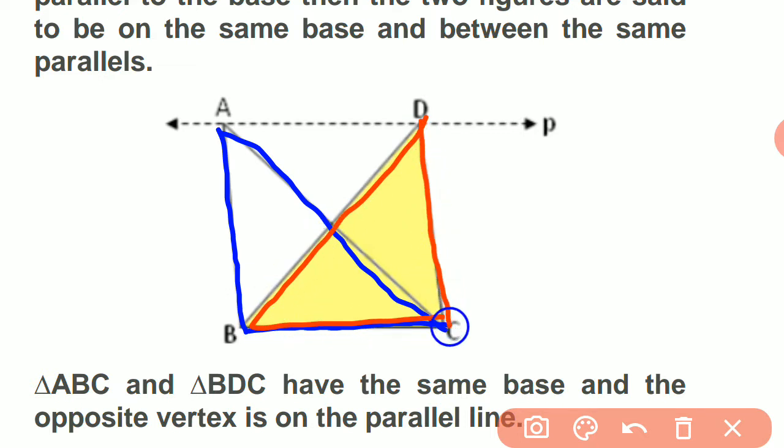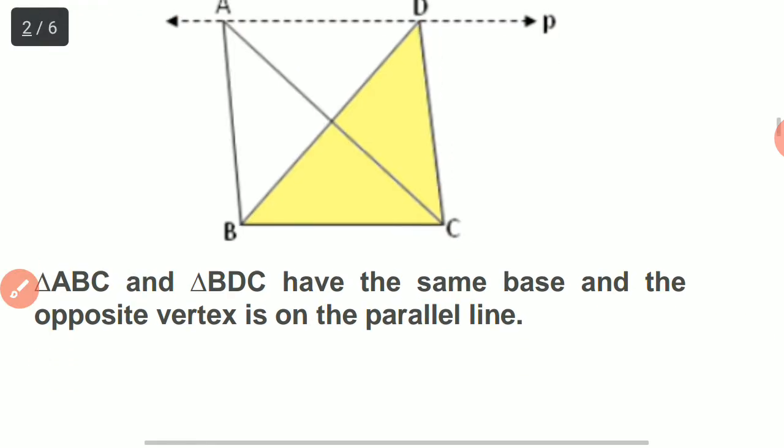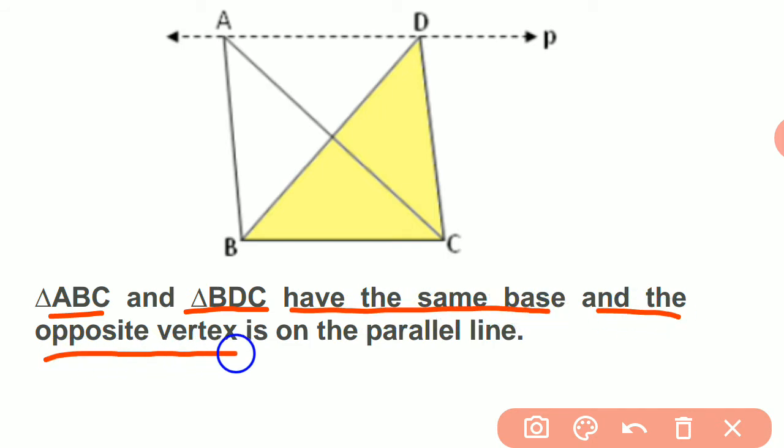These two triangles have the same base BC and lie between the parallel lines, and their vertices lie on this parallel line. So we can say that triangle ABC and triangle DBC have the same base and the opposite vertices are on the parallel lines.